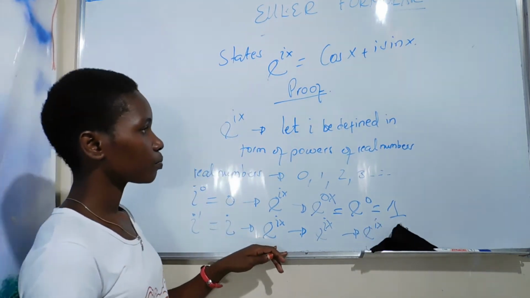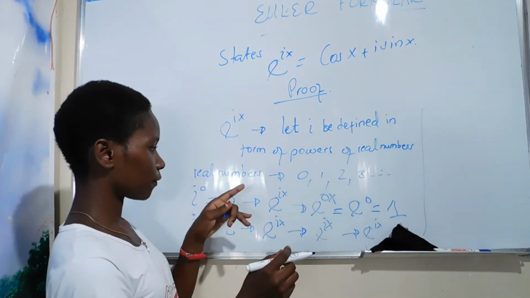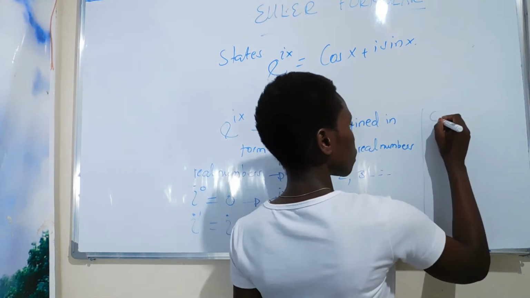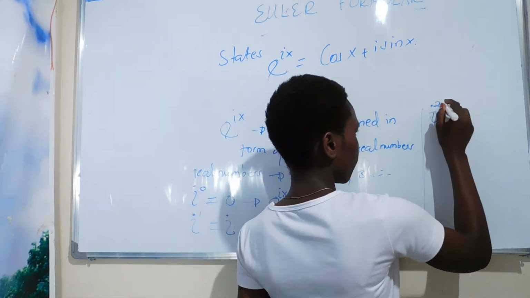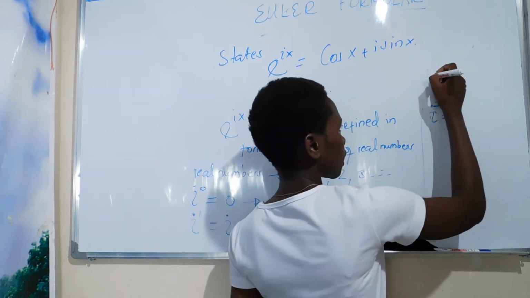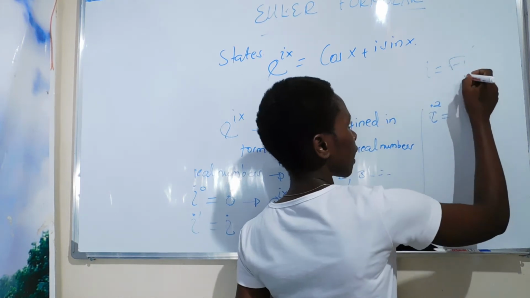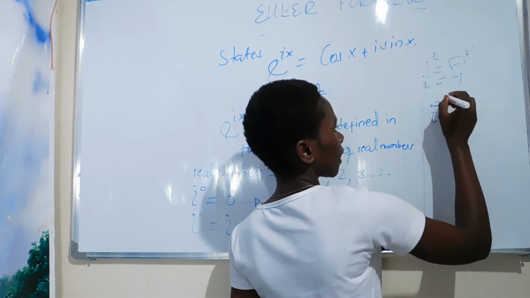I'm going to substitute the other value of real number which is 2. So it will be I square which is from the definition I is equal to under root -1. Nikisquare both sides ina maana nitapata -1 is equal to I square.